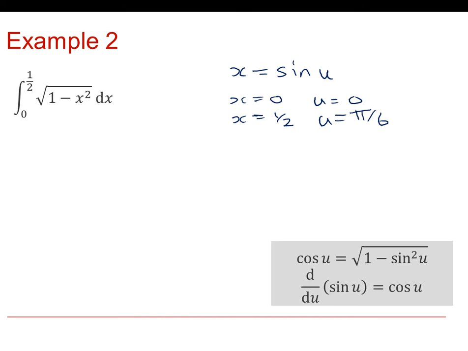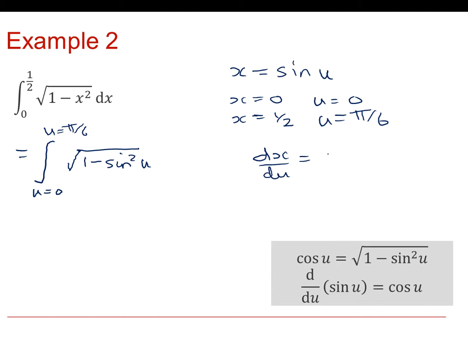So we can substitute for x using sine u, and we've got these limits, u equals 0 and u equals pi by 6. And I've got then the square root of 1 minus sine squared u. Now for dx, I would have dx by du equal to cos u, which I know from here.